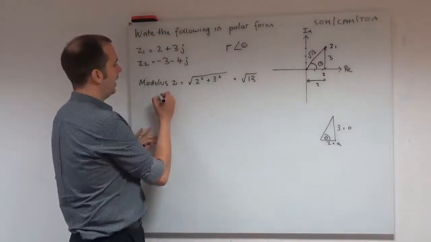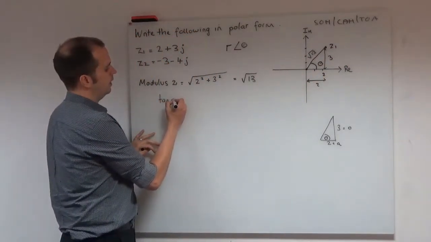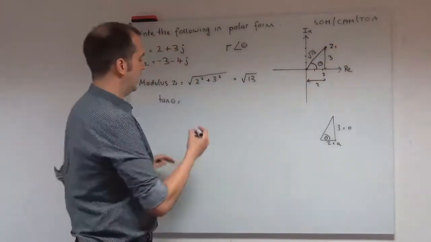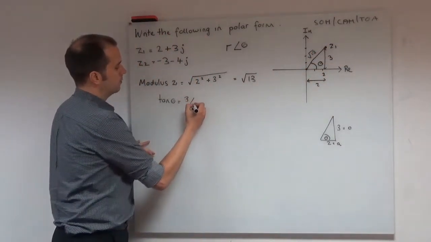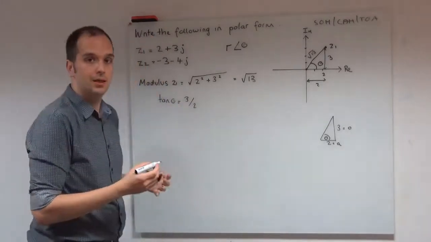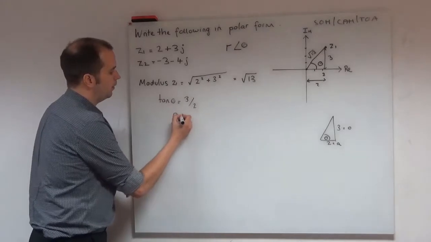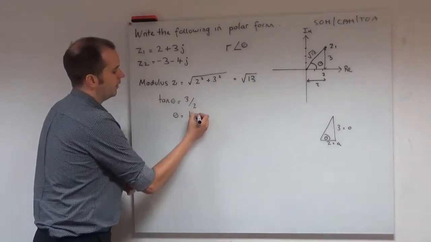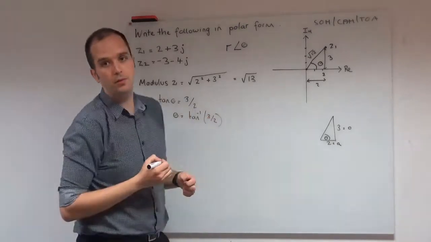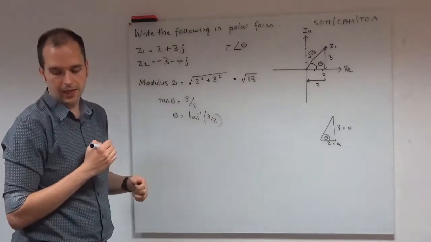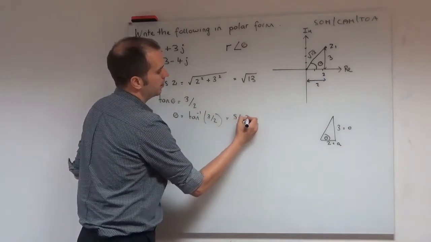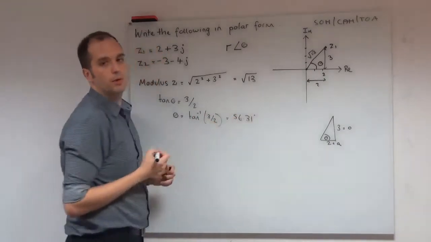So I can say that tan of theta is opposite over adjacent, so that is 3 over 2. But I don't want tan of the angle, I actually want the angle itself, so we need to do inverse tan, so tan to the minus 1 of 3 over 2. And if you pop that into your calculator, I reckon you should get an answer approximately 56.31 degrees.